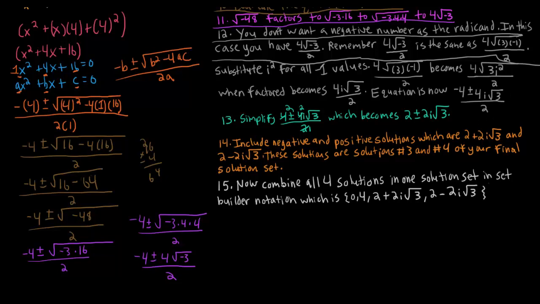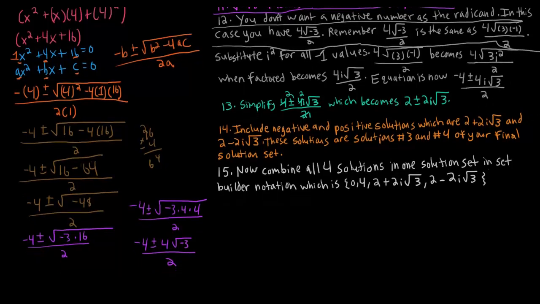So right here, negative 4 plus or minus 4 square root of negative 3 is the same thing as negative 1, square root of negative 1 times 3, all over 2.